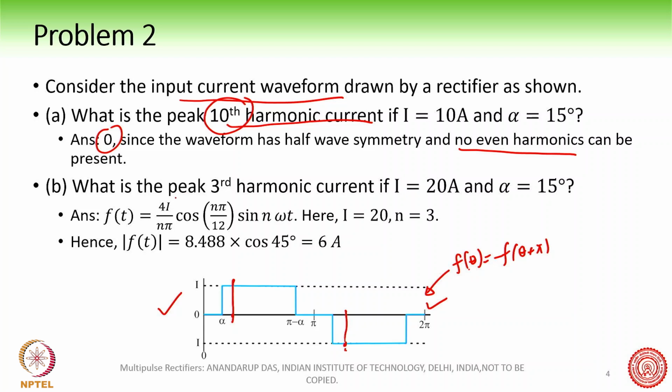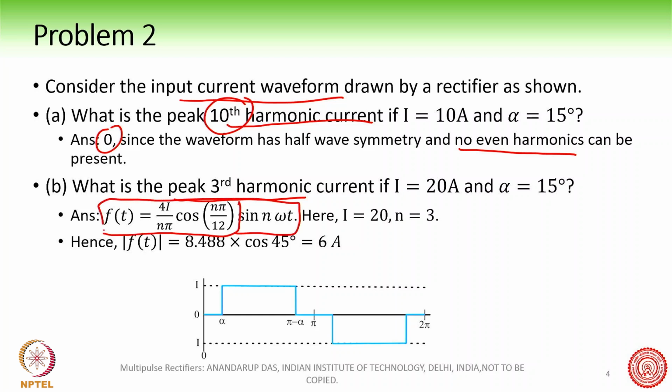The second question is, what is peak third harmonic current? Now in order to understand the third harmonic current, we have to recall one formula which we have derived during the lectures, and that formula is something like this.